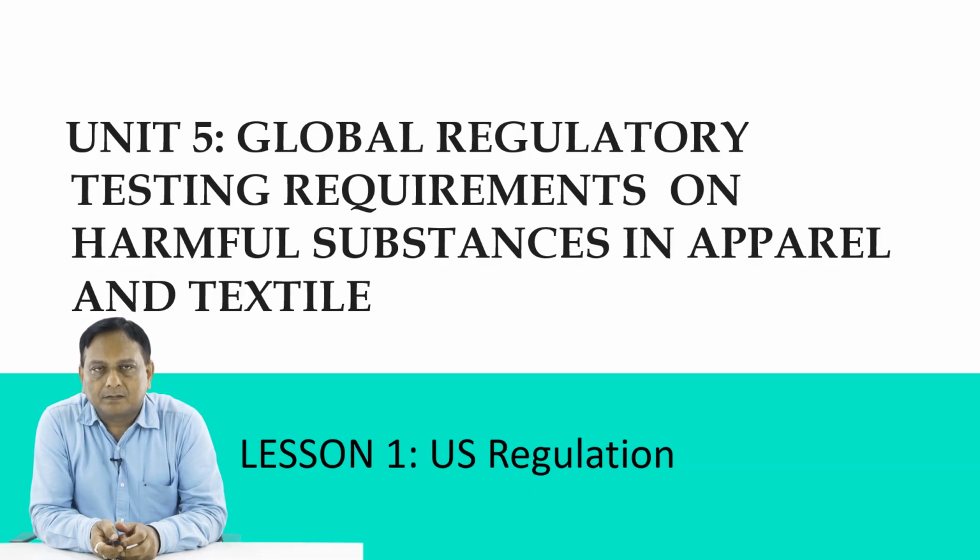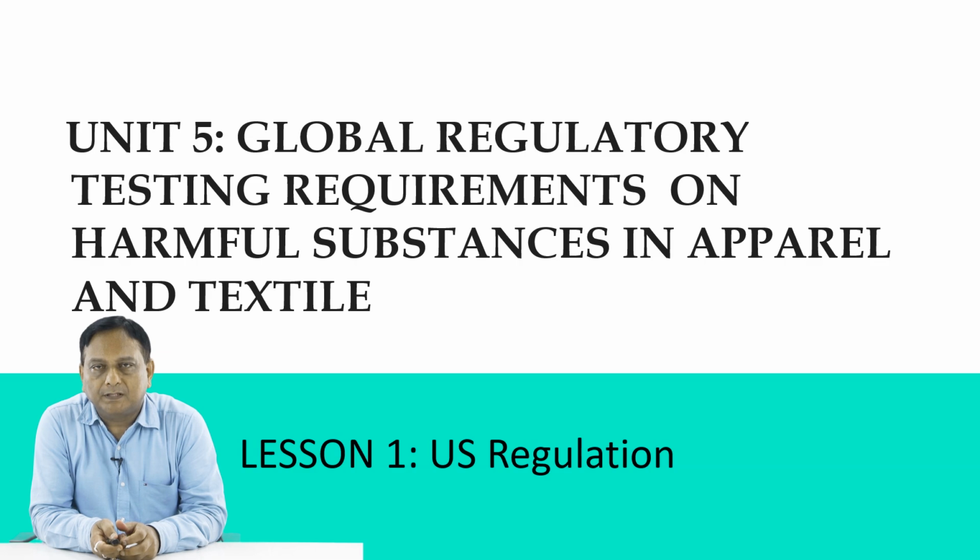Now apparels or textile products are getting exported to the US. So what are those regulations we need to follow, and what are different regulations on harmful substances in both adult and children's garments, and performance wise and harmful substances wise, how it differs in different regulations in the US.